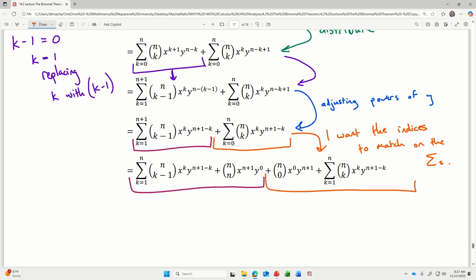In other words, here they don't match because this one's k equals 1, n plus 1. This one's k equals 0, n. I want them to match. So I want k equals 1, k equals 1, n, n. And now the sums have matching indices, and they have matching powers of x, and they have matching powers of y. I'm trying to get those two sums to look the same, so that way they play well together.